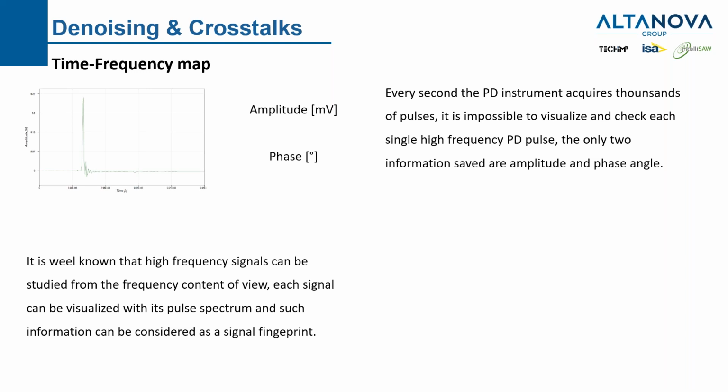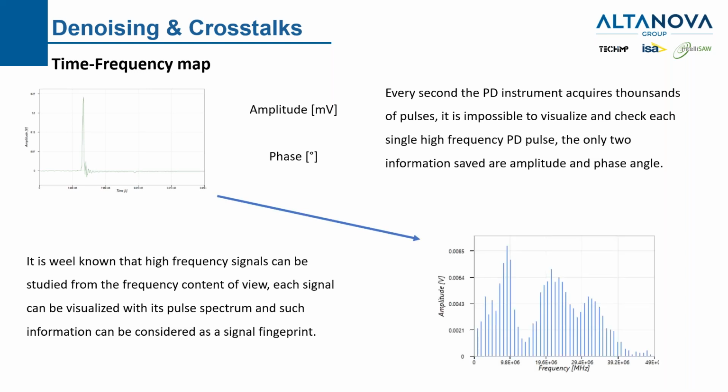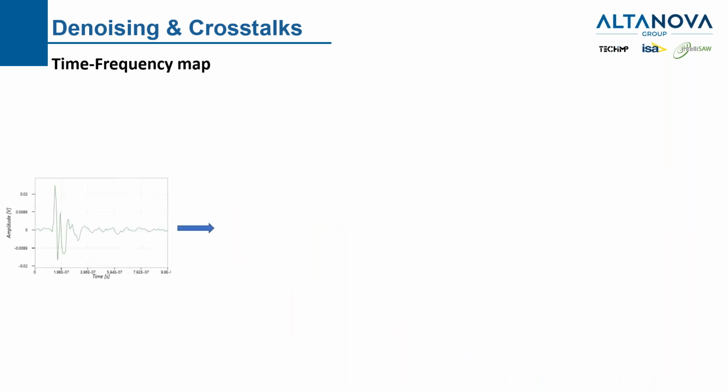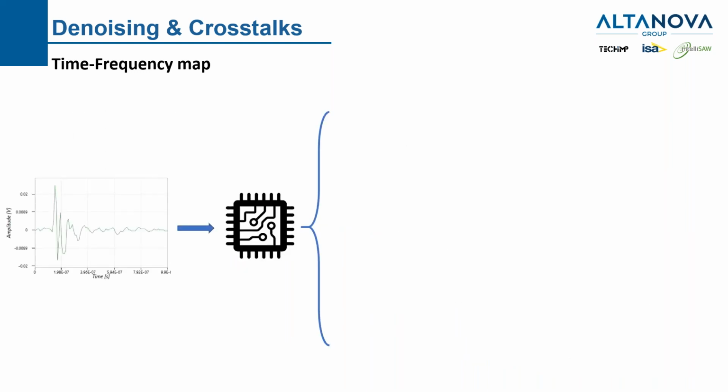But we can study the same pulse as per its spectrum. We can identify the frequency spectrum of the pulse, and we can try to translate this analog information into mathematical numbers. That was the TF-map technology introduced by Techimp.